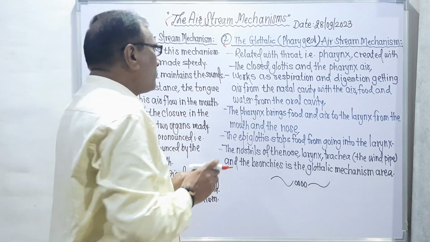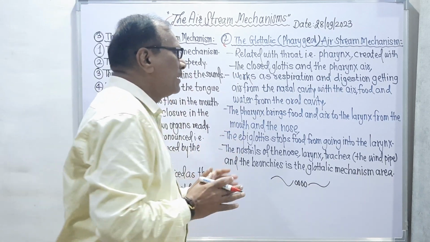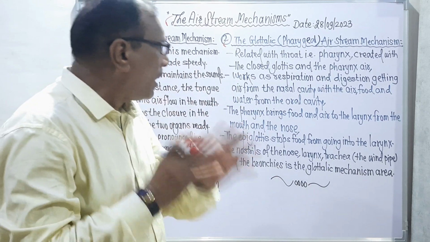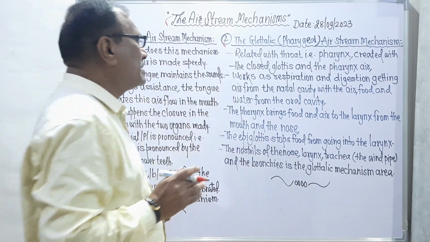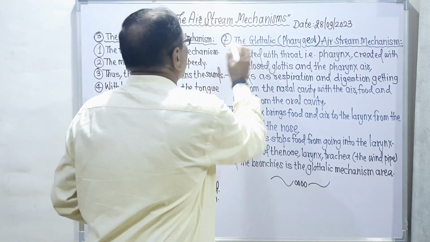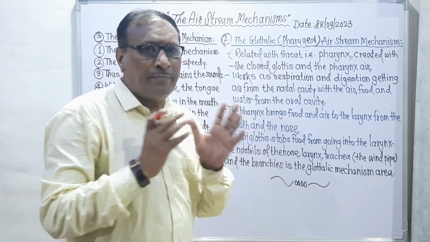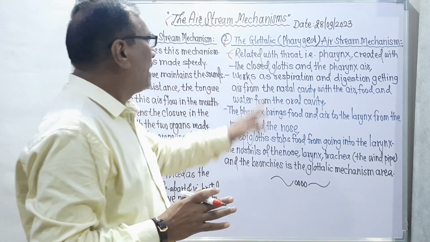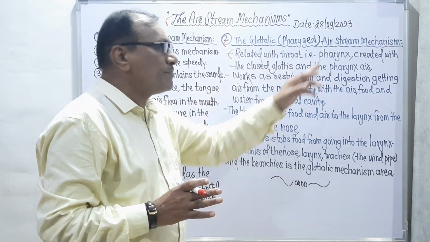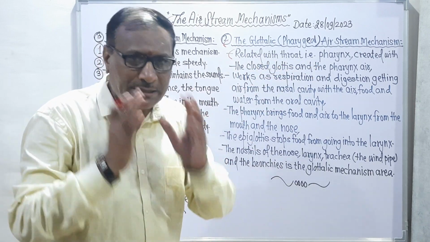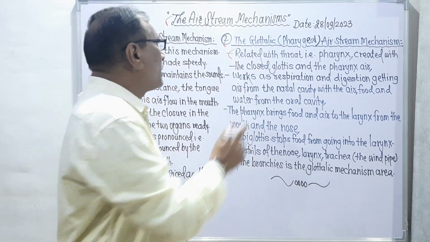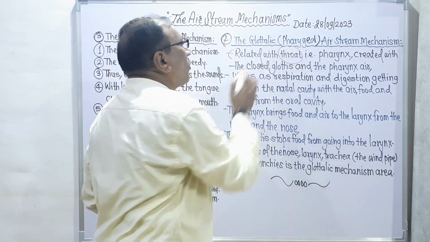Remember, the glottalic, that is the pharyngeal airstream mechanism, means what? It is related with the throat. This glottalic airstream mechanism is related with our throat.